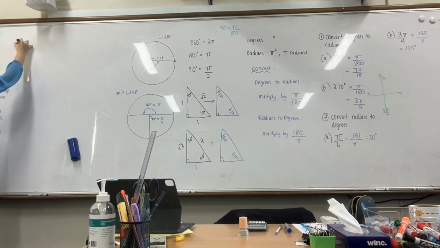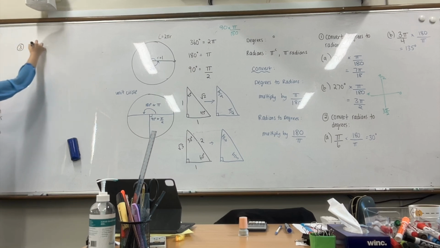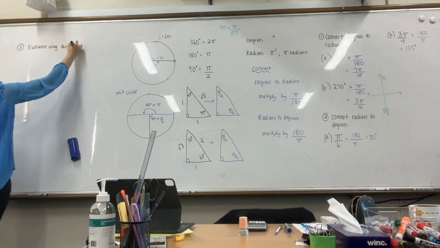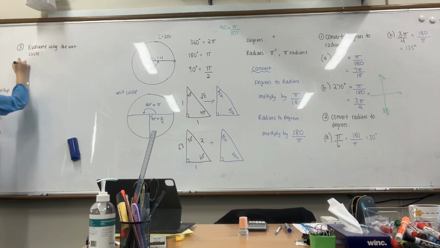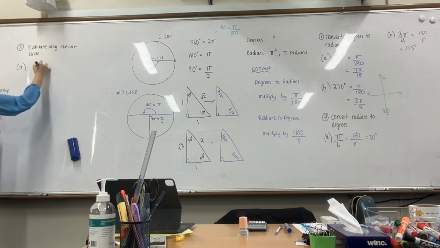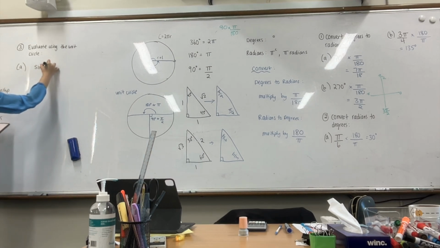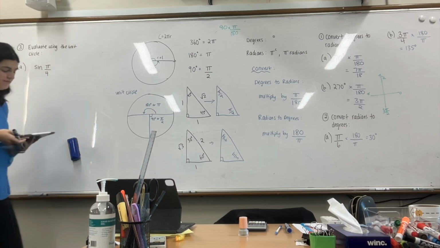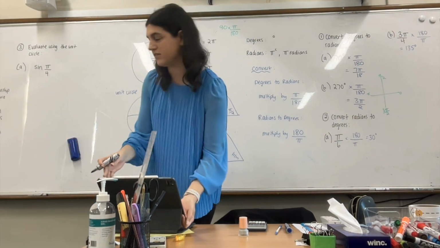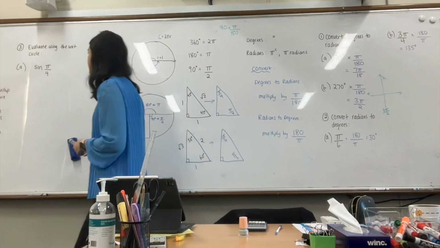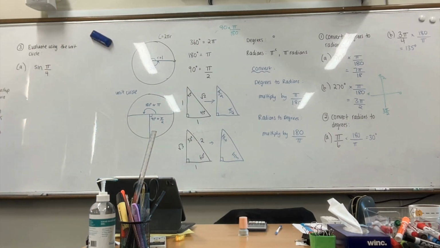So, I've got 3, evaluate using the unit circle. I'll walk you through the first one. Actually, I'm going to start with pi on 4 before I jump into some of the others. We've seen something like this before.